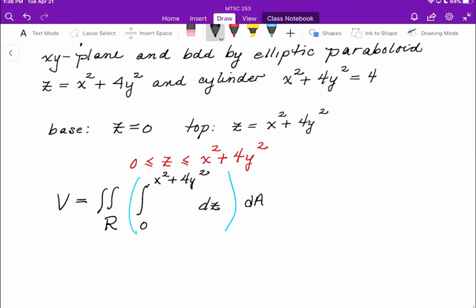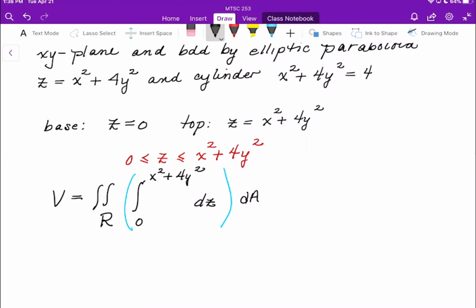And so now we need to look over in the XY plane. If we project our cylinder to the XY plane, what will we get in the XY plane?